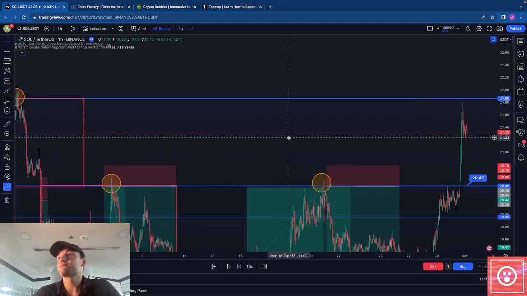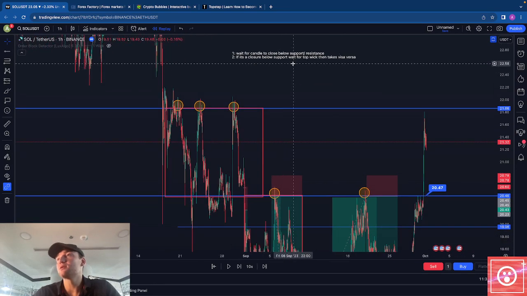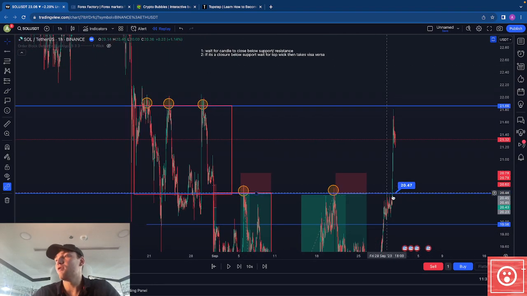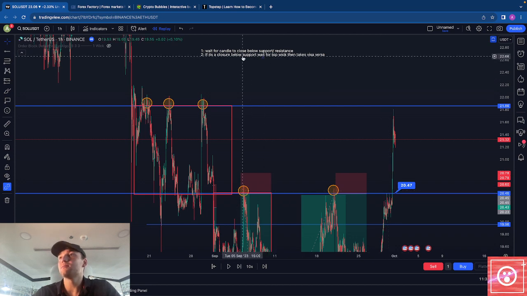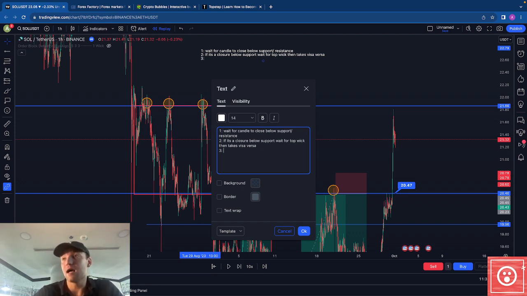And if we have a look at this, wait for candle to close above or below resistance / support. So we closed above, right? So now if candle closes below support, wait for top wick. But now because we're taking a breakout to the upside, you want to say if it closes above resistance, wait for bottom wick, right?